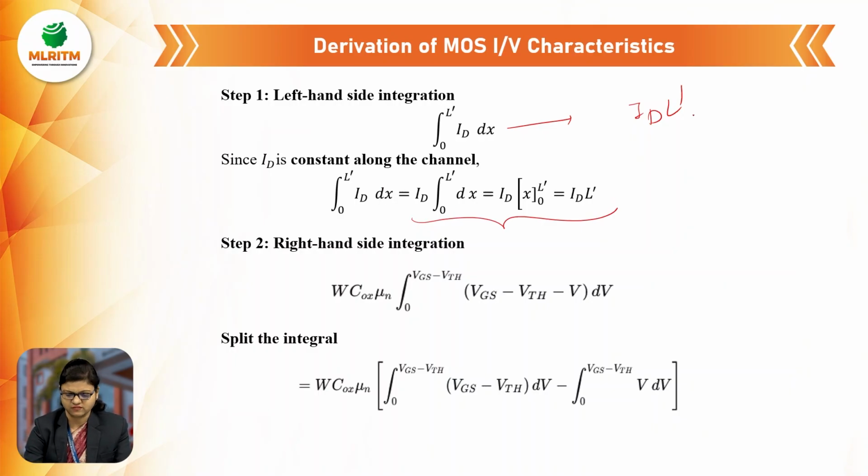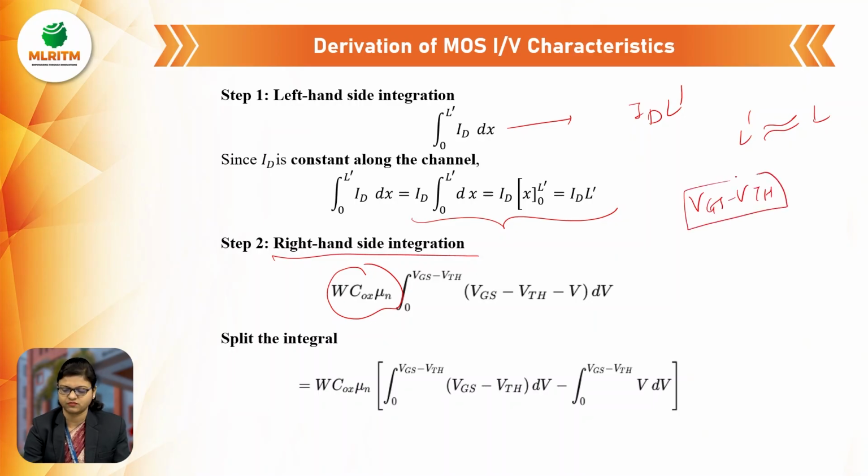So it will be ID L dash, but L dash and L have approximately the same value, so in the end we will consider L dash to be L. On the right hand side, this whole term is a constant term, which we keep outside, and now the voltage limit, instead of VDS, we have to take up to VGS minus VTH.